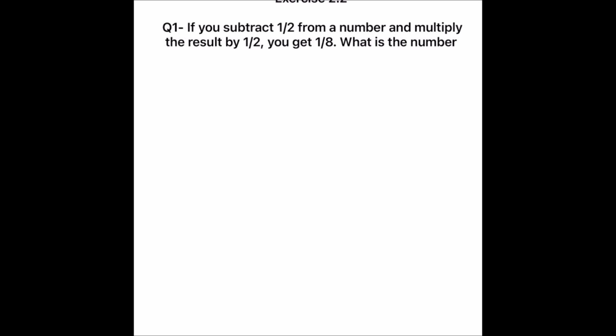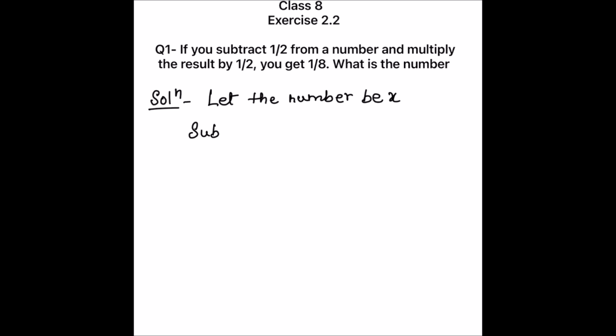So let us first assume that the number be x. Let the number be x. Now the first part says if you subtract half from a number and multiply the result by half. So subtract half from the number. So x minus half.